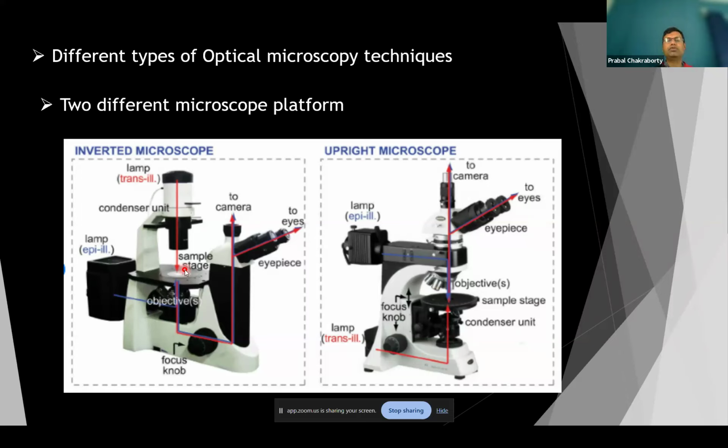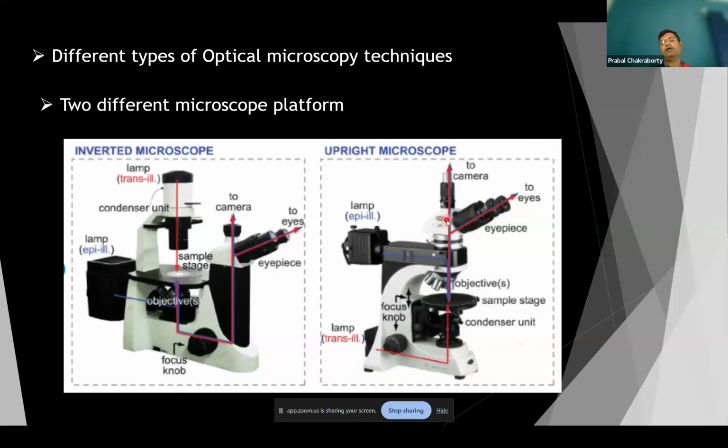But there is another type of microscope which is called the upright microscope. In case of the upright microscope, you can see the objective on the upper side and the stage on the lower side. So you place the sample and the light is coming from the top. This upright microscope is mainly used by clinicians because it is very easy to use and easy to change the sample.